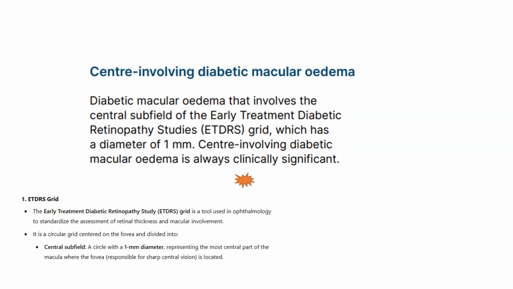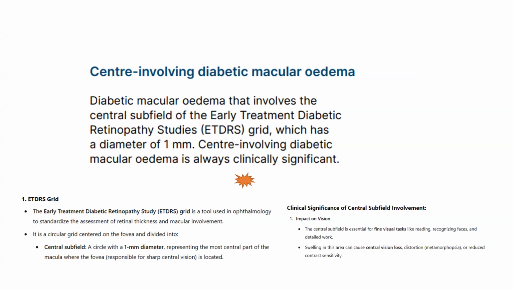And that's why there is a big significance of this central subfield. So if there is diabetic macular edema involving this central subfield as per the ETDRS grid, which has a diameter of 1 millimeter, as I mentioned, then that is referred to as center involving diabetic macular edema. And of course, this is always clinically significant.